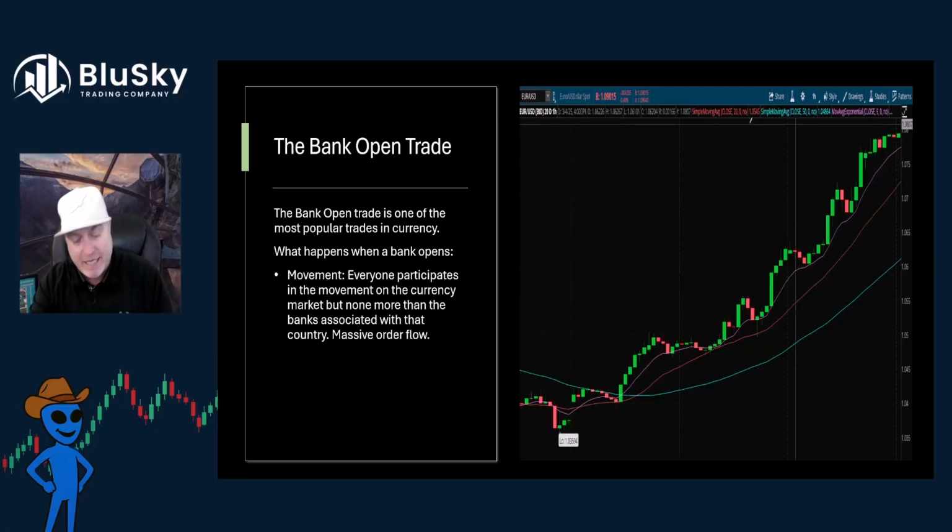Now, when the bank opens up, every single person in society participates in that. Every single person. We're talking about the SWIFT banking system, guys, the central banking system that happens from around the world. When you go to your local credit union, that flows through the SWIFT banking system. When you go through JP Morgan Chase, that flows through the SWIFT banking system.